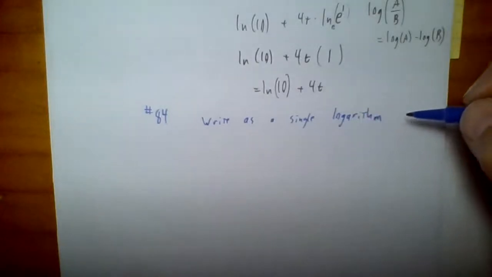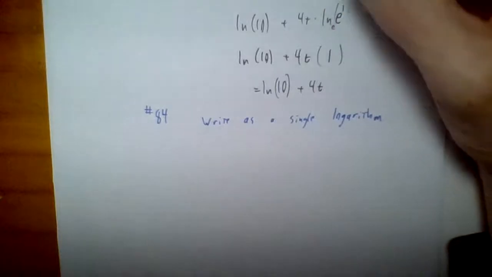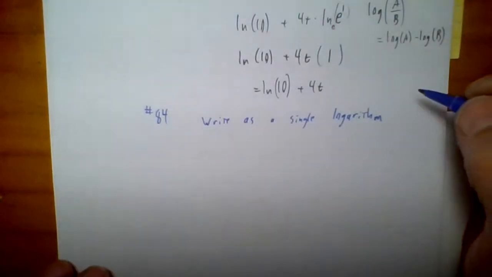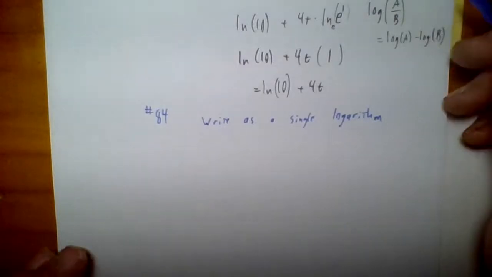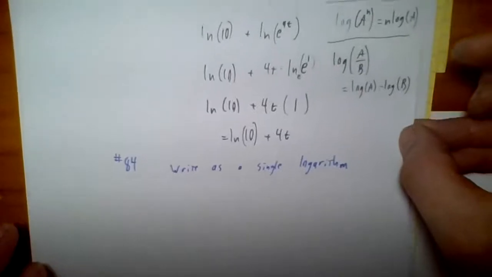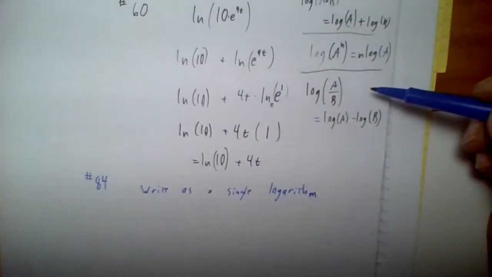A single logarithm would be putting together stuff. So we're going to take a longer expression and put it back into a single logarithm instead. We're using the same rules, which I have written up here, and I'll try to keep them on the screen. We're using these same properties, but we're going to be using them to put stuff together instead. The operations are going to change that way.